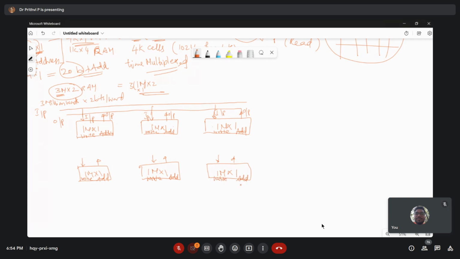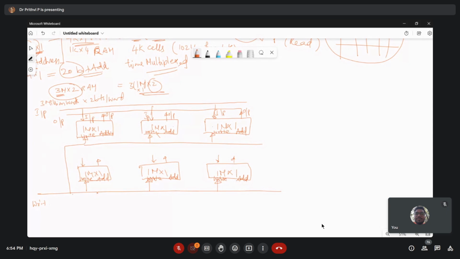Now how to access them: if you are supposed to use this as 3M is to 2, this control signal of write should be common. So it will be taken common to the two segments. So this will be a write signal which is common.